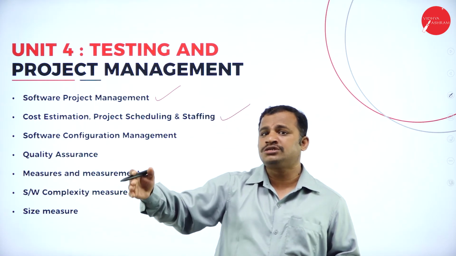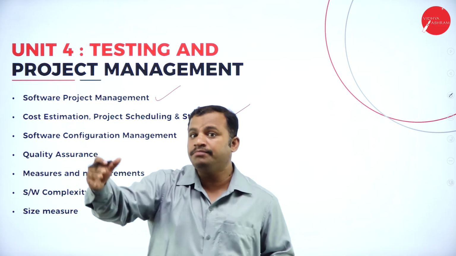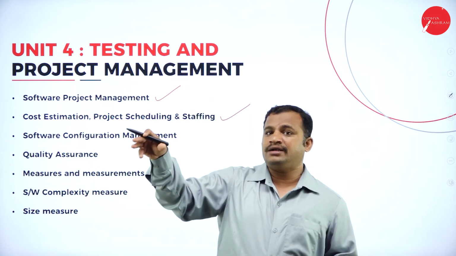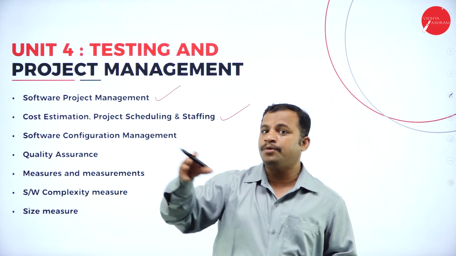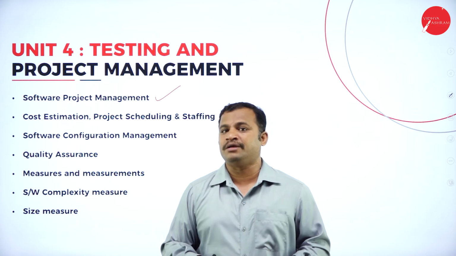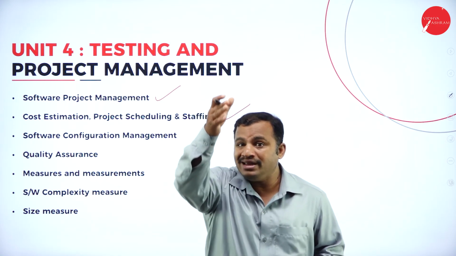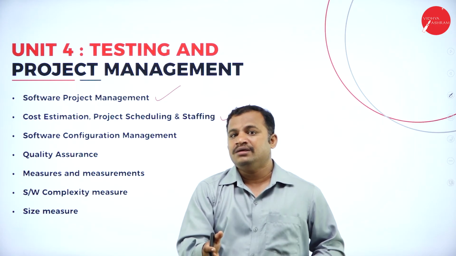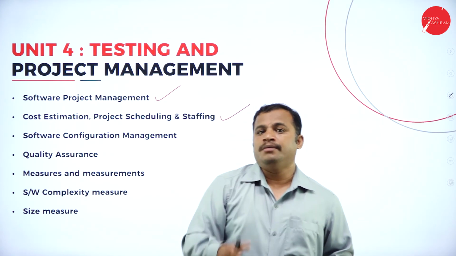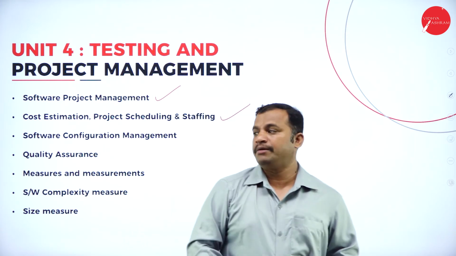What is the cost which must be borne by the client? Those calculations are done based upon the number of employees involved in that software development. Then how many lines of code are there in each and every module of the software.